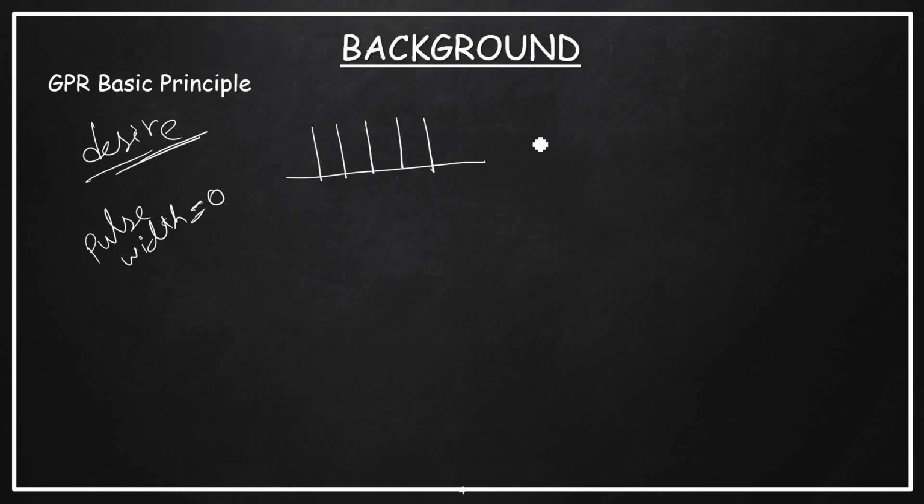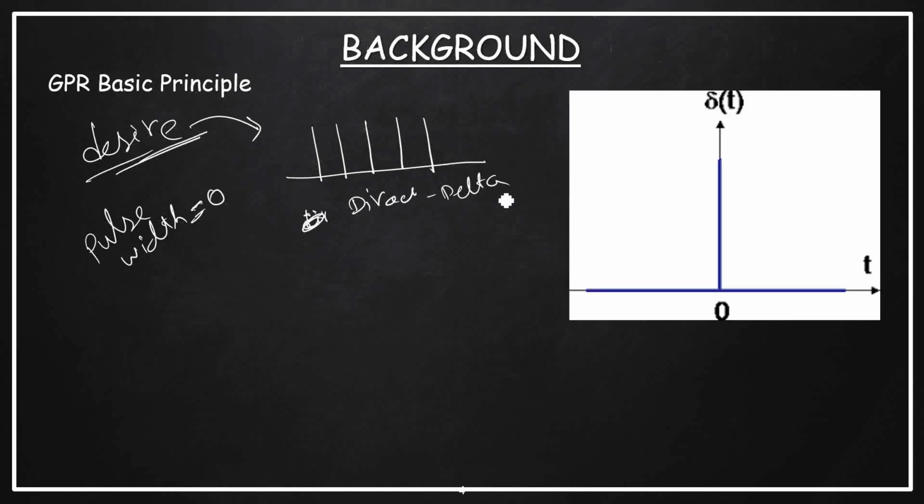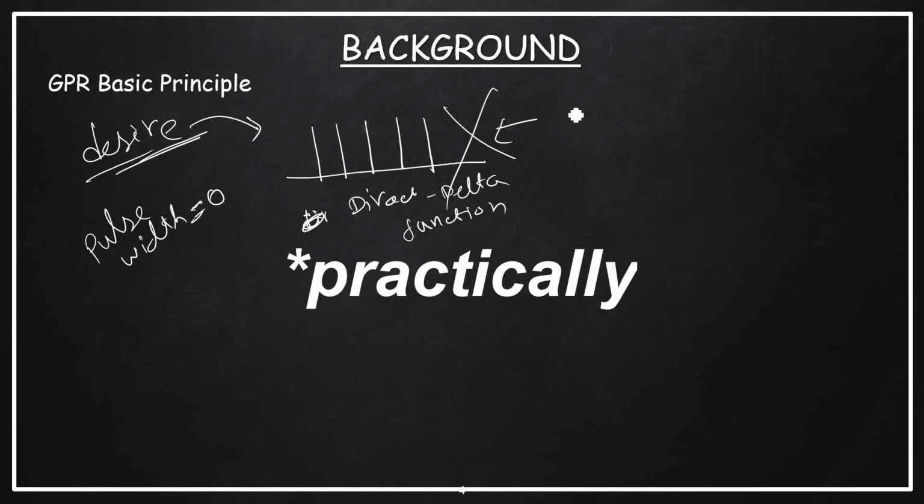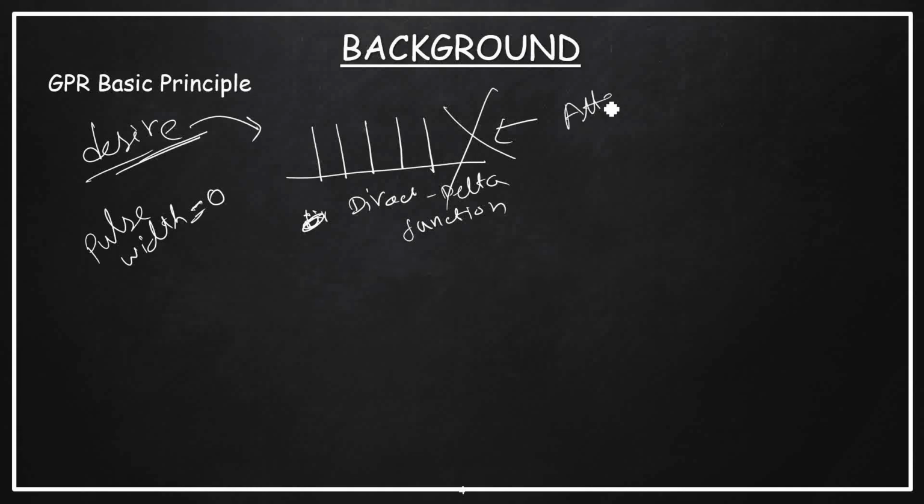These are the pulses you desire, and this function is called the Dirac delta function. But the problem is that the pulse width is 0. First, it's very difficult to achieve this theoretically. Second, because of attenuation, it will not penetrate even the first layer. So we have to design something else.